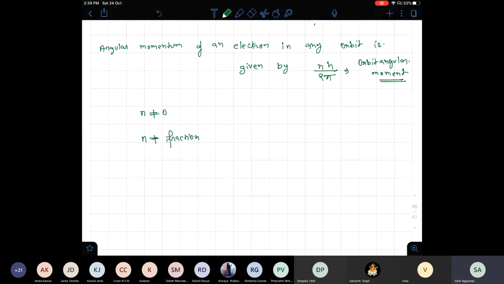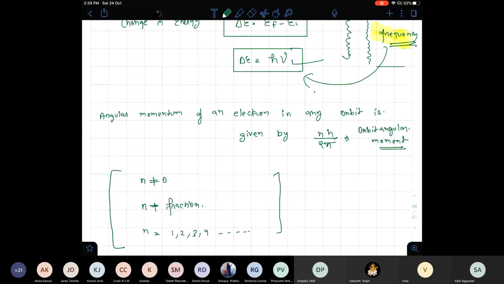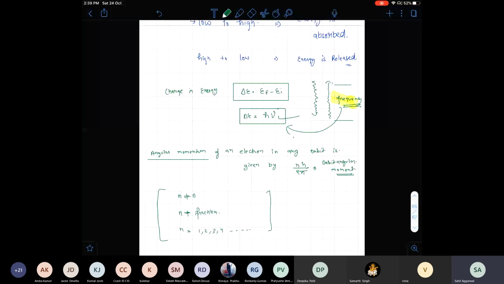N can be an integer only. Okay. Any doubt in this?